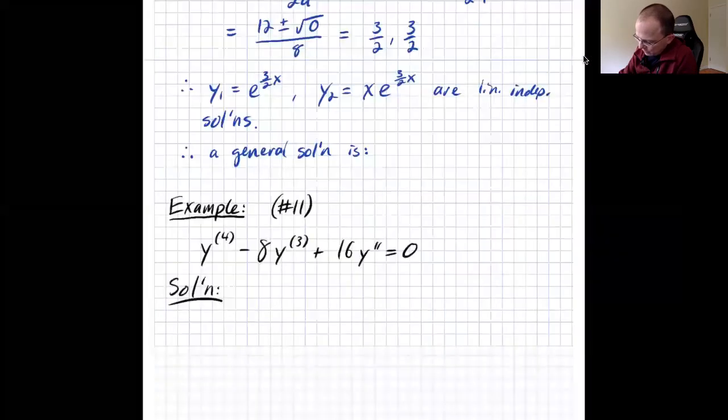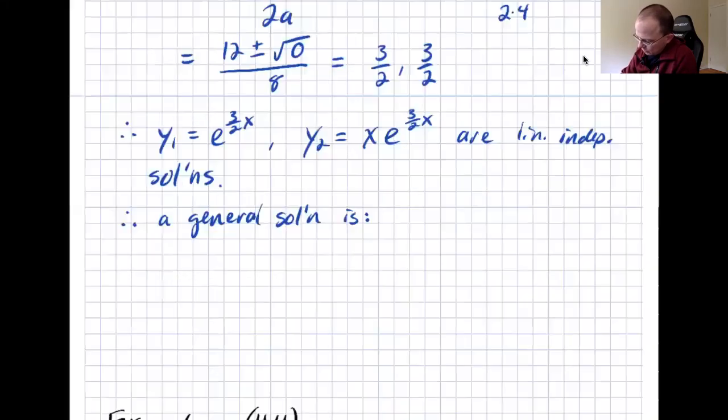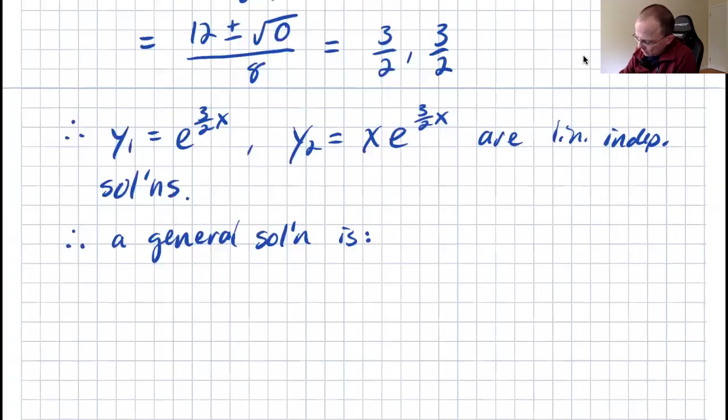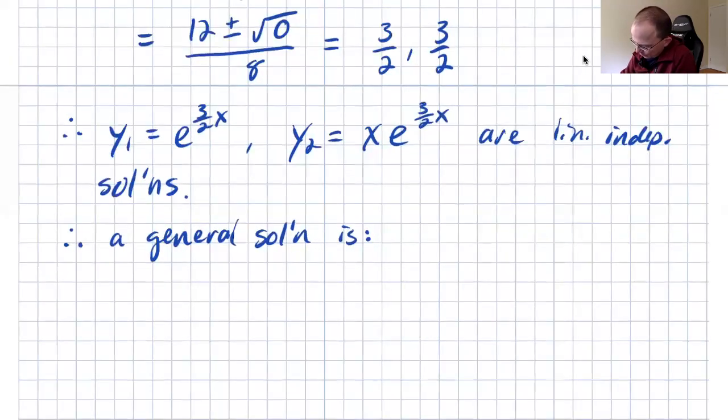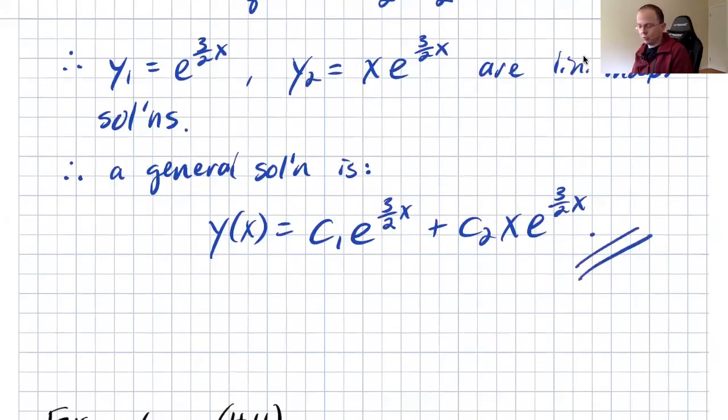So a general solution is y of x equals c1 e to the 3 over 2x plus c2 x e to the 3 over 2x. And that is our general solution of that differential equation.